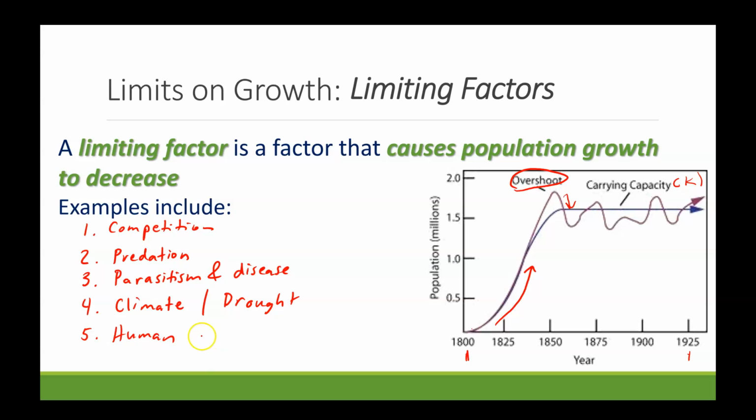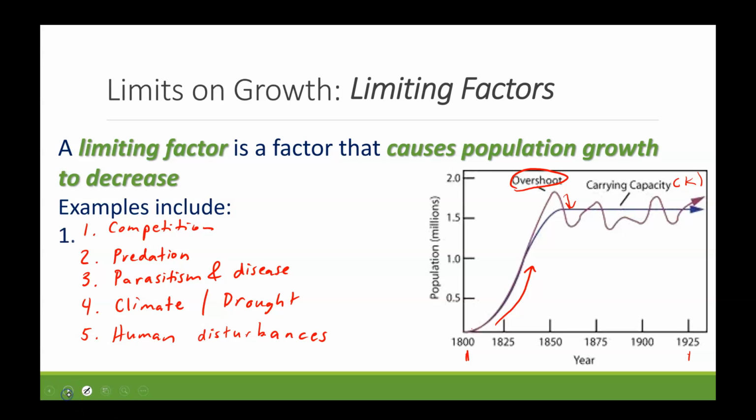So if it's an organism that relies on trees in a forest, and we cut down the trees, that's going to be a disturbance that's going to cause that population to decline. So make sure you have these limiting factors down.